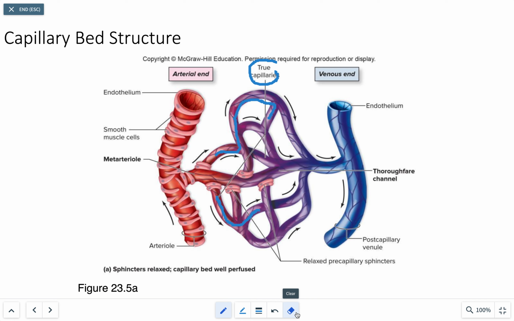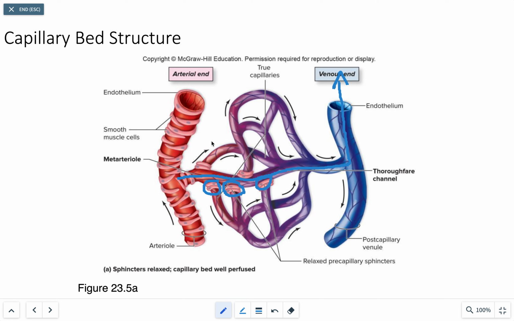The other parts that we're going to talk about are going to be the precapillary sphincters. So if necessary, these precapillary sphincters can all contract, and if they do contract, then we could increase blood flow coming back into the venous system, which would then return to the heart.